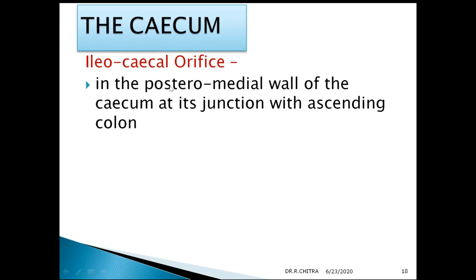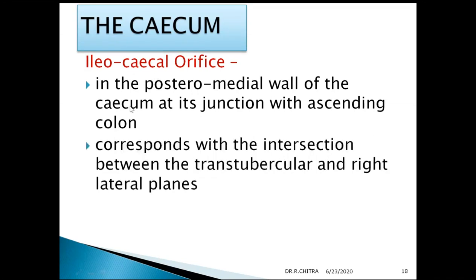That orifice will be present in the posteromedial wall of the cecum. It corresponds with the intersection between the transtubercular plane and the right lateral plane. So if you draw the transtubercular plane and the right lateral plane, that intersection represents the ileocecal orifice in the living.